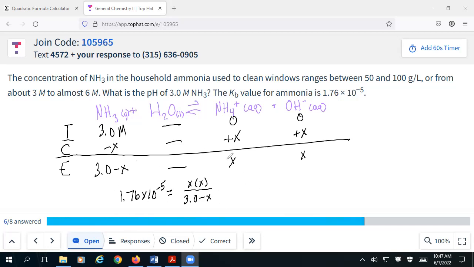So what do we do from here? Well, we can set up our equilibrium expression, and this is going to give us x squared, x times x, over 3 minus x equaling Kb, 1.76 times 10 to the negative fifth.